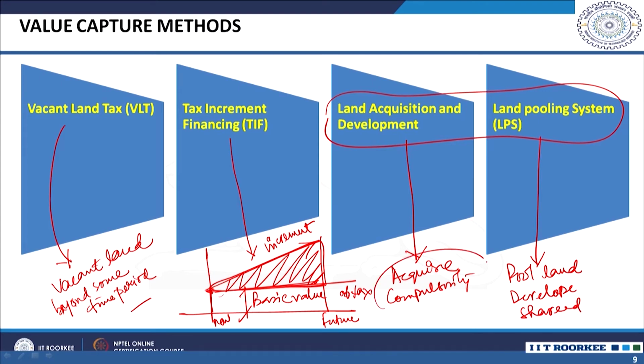So, in these two methods also, the moment we acquire or pool the land for some public infrastructure, the value of that land becomes higher, and in this method also we can share the value increment or value enhancement of that particular land, because in both cases the basic value of the land is enhanced due to laying of the new infrastructure.